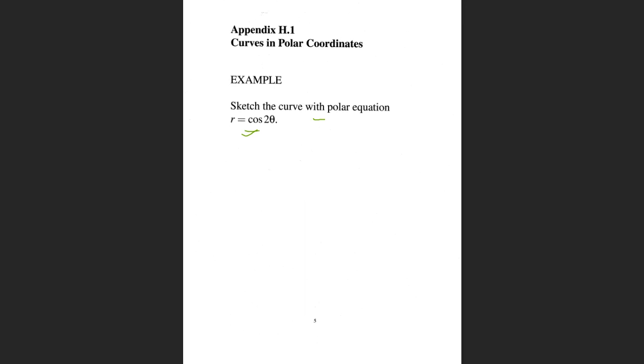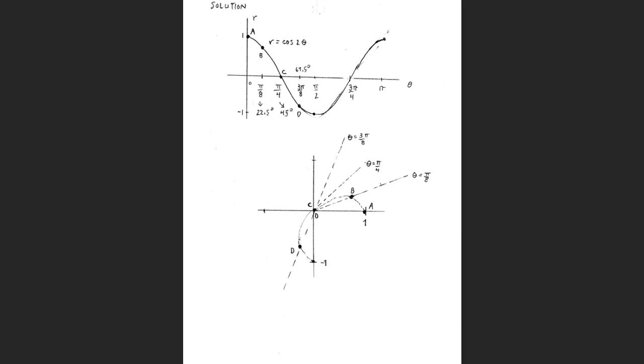Like if y were equal to cosine of 2 theta, you'd have an x and a y axis and we graph that trig function. Well, in this case, our horizontal axis is going to be the theta axis, and the vertical axis is going to be an r axis. So here in the problem, you notice we have an r vertical axis and a theta horizontal axis. And I've graphed r equals the cosine of 2 theta.